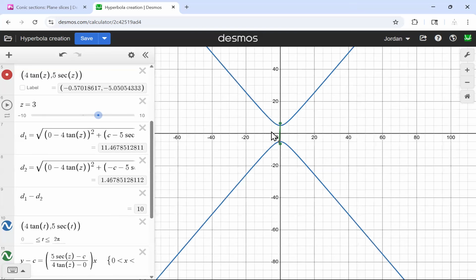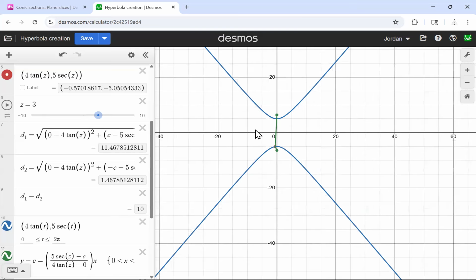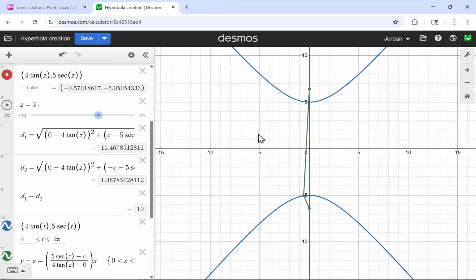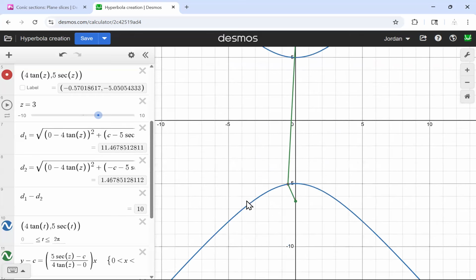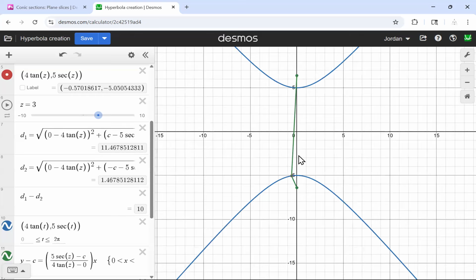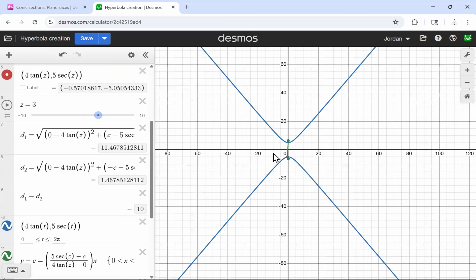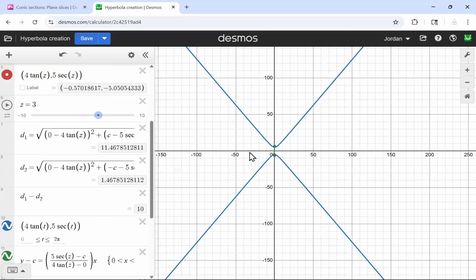Now, I want to point something out. When you look at hyperbolas right where they curve, they kind of look like a parabola shape. But as you scroll further and further out, you see that the ends of these hyperbolas are not parabolic.